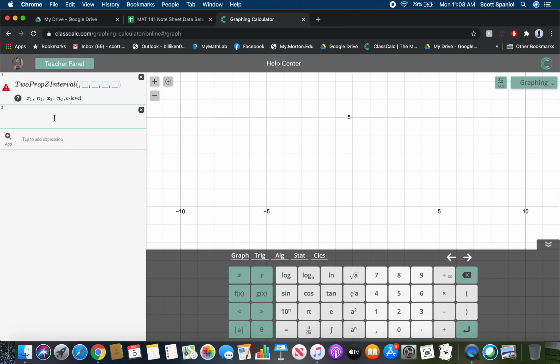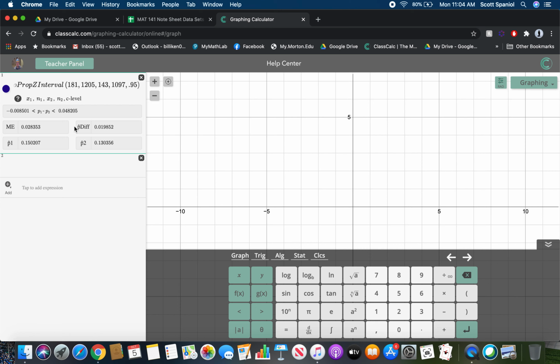And the shorthand to get this is TPZI. So TPZI gets you an interval if you want the keyboard shorthand. So male, our first group was 181 out of 1205. Our second group was 143 out of 1097. And our confidence level was 95%, so 0.95.